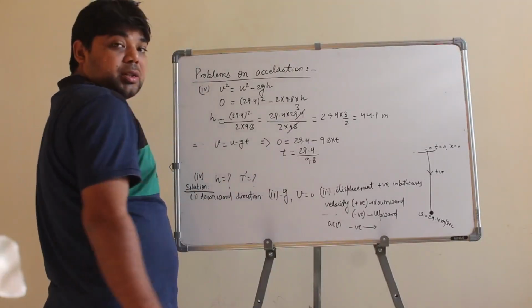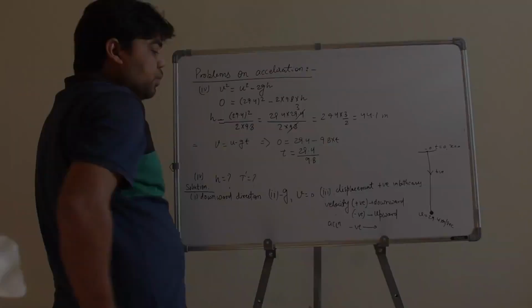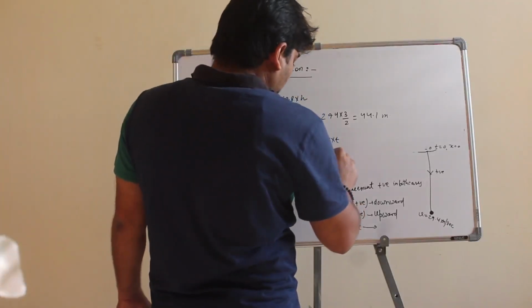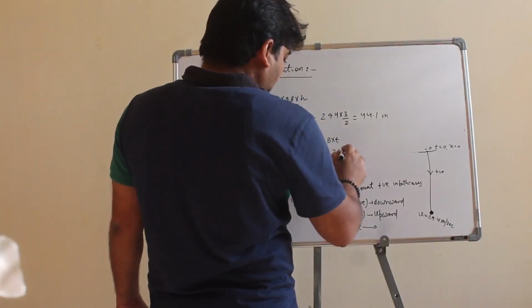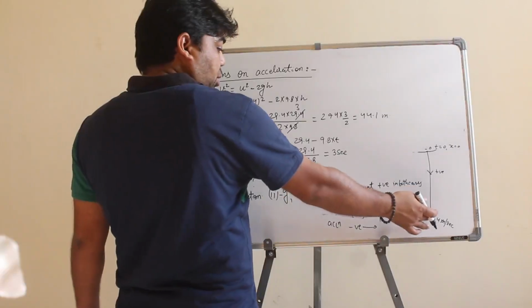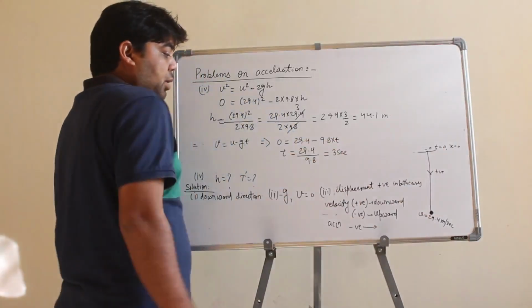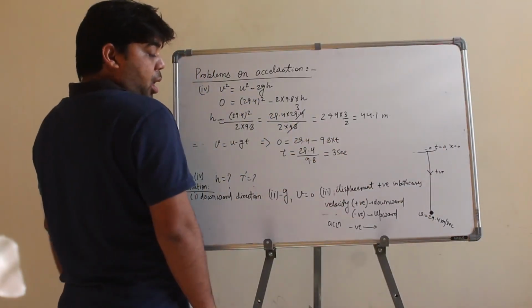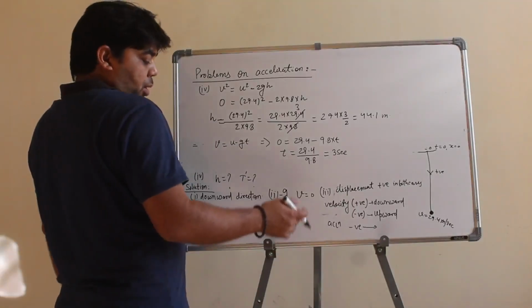This is the time which considers upward and downward both. So this is 3 seconds. So it takes 3 seconds to reach from here to here, right? And so what does it mean?